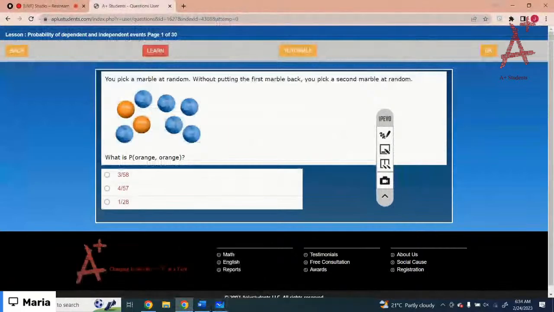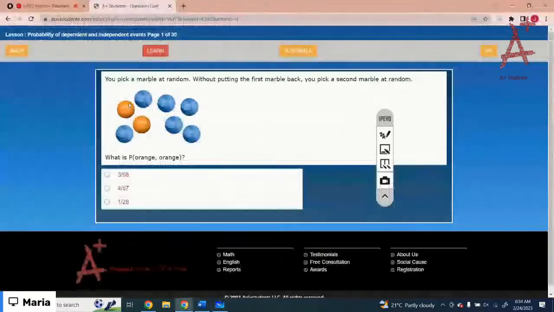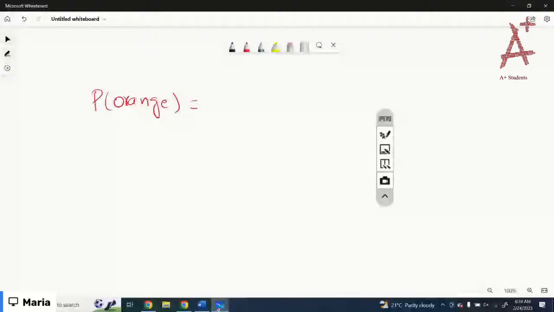So for the first time, the probability of orange is over 8. Got it? Because you have two marbles that are orange and 8 marbles in total.